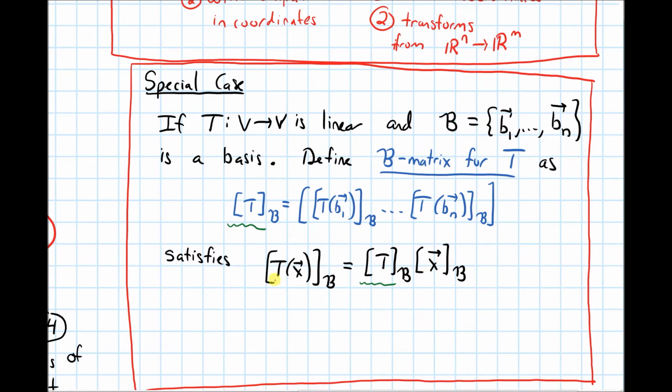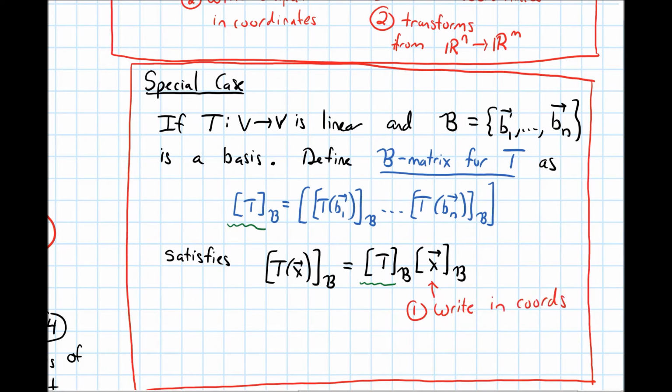So if I break down what this is saying, let's think about what the right hand side is doing. First let's do what this coordinate vector does. The coordinate vector means, let's write the vector x in terms of its coordinates.